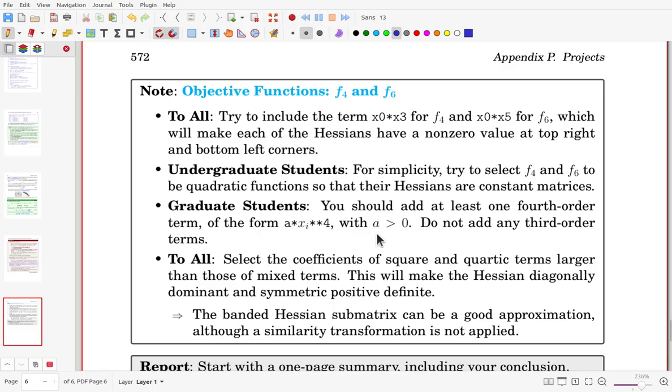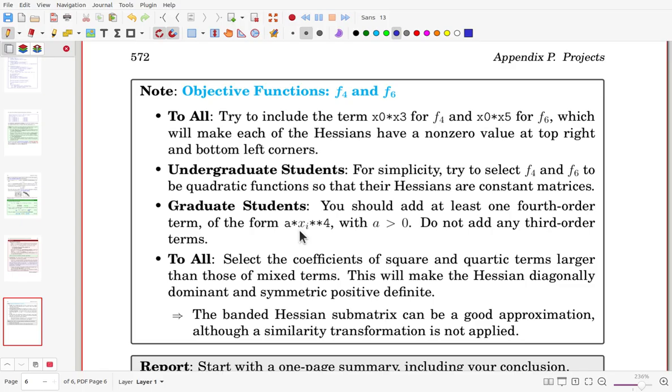So you have to make the problem have a local minimum. Once the coefficient is negative, then around there, maybe there is no minimum value. So always use positive coefficients for the power of one variable, and do not add any third order terms.